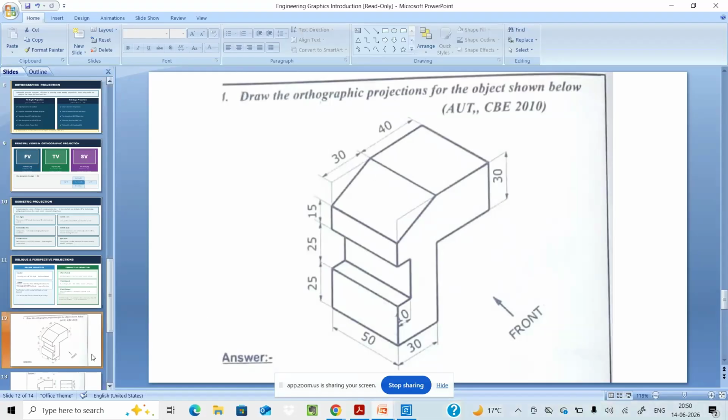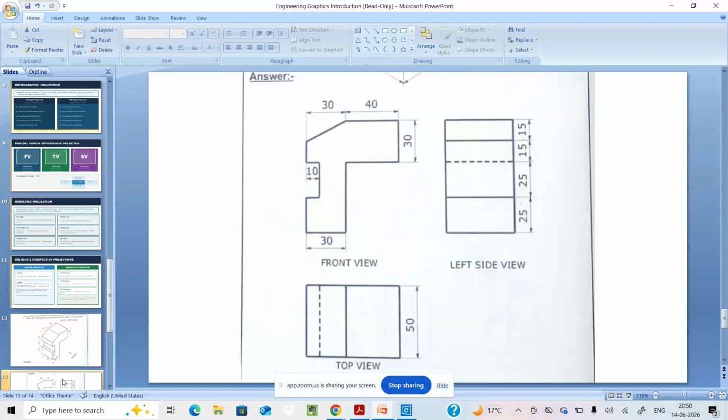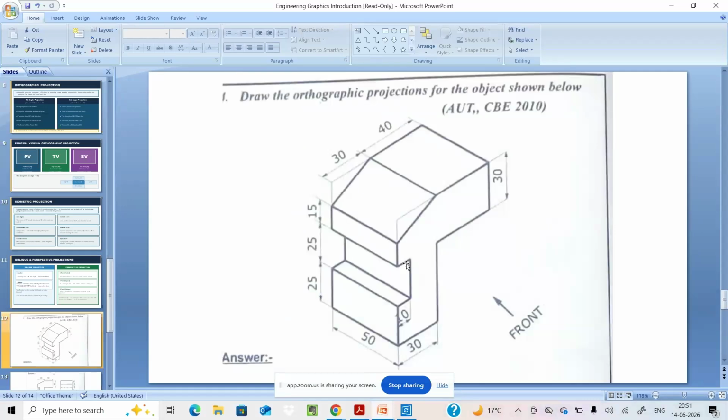That will be visible here. That is this 30 mm plus this 30 mm and this 70 mm. So this particular projection is visible in the front view. If you see here, this particular cut portion is also visible in the front view.